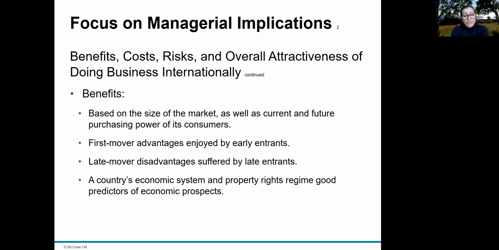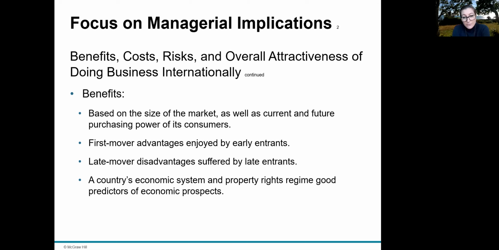And the size of the market, the potential of that market, the current and the future forecast purchasing power of its consumers. These are measures that we would consider to assess the benefits of entering that market. We want to be capturing first mover advantages by being an early entrant in a foreign market, especially if it's a nation state in transition towards a market-based economy. Then maybe it's a good idea to be an early entrant.